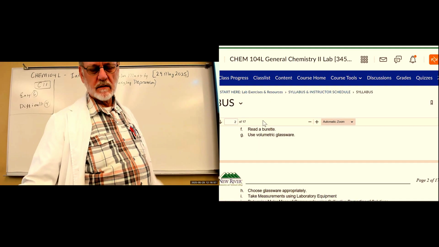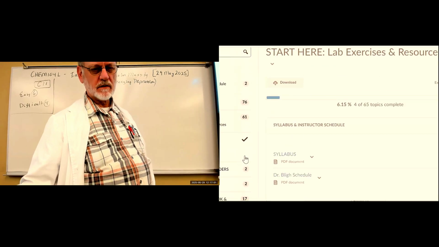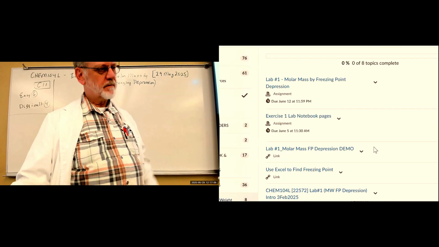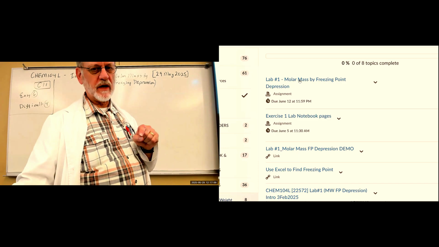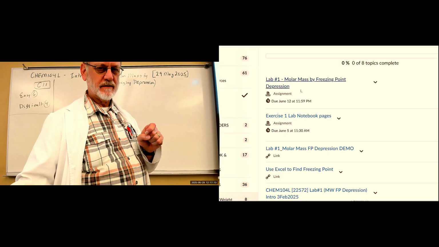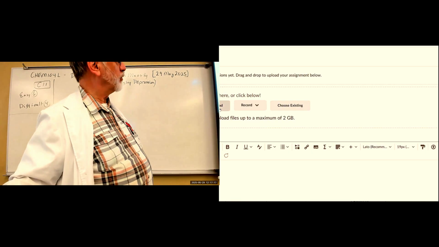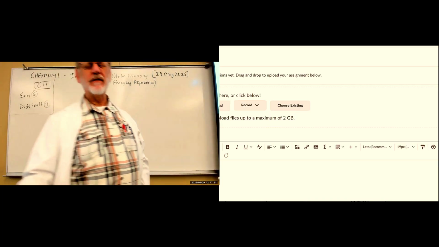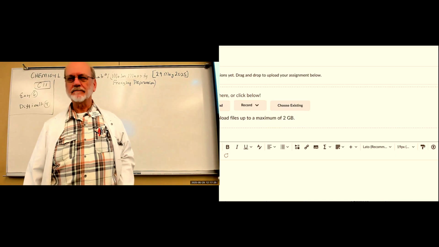Go into the lab exercise here. So this will be the first one. And that document there is under here, molar mass by freezing point depression. That's the assignment. So you go there and you'll notice down here an upload button. That's where you upload your report. If it gets to me by midnight, it's on time on that day.